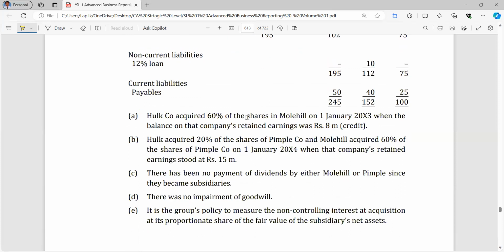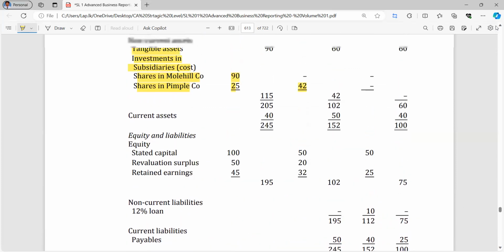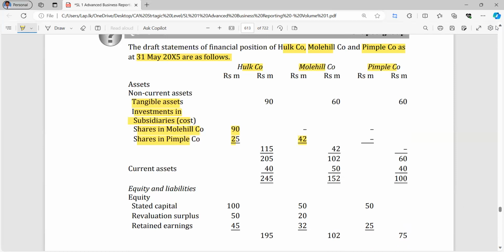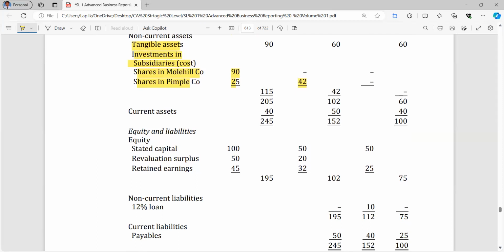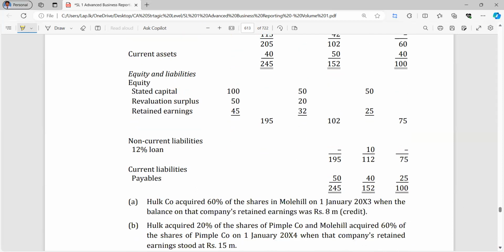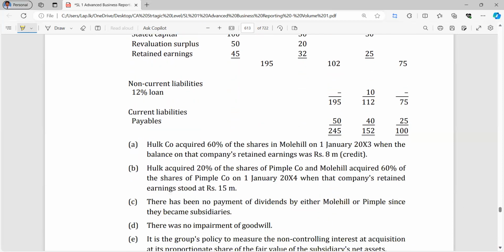It means 60% of that we can recognize, and the remaining 40% goes to the NCI account, right? The current assets are also there, the stated capital, revaluation surplus, retained earnings, the non-current liabilities, current liabilities and payables are also there.